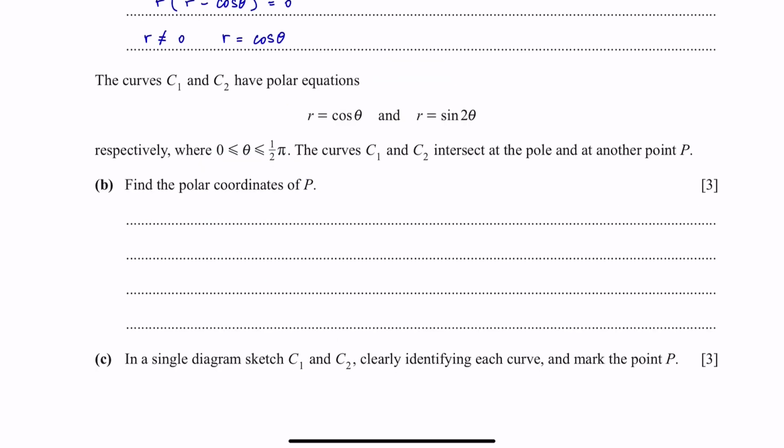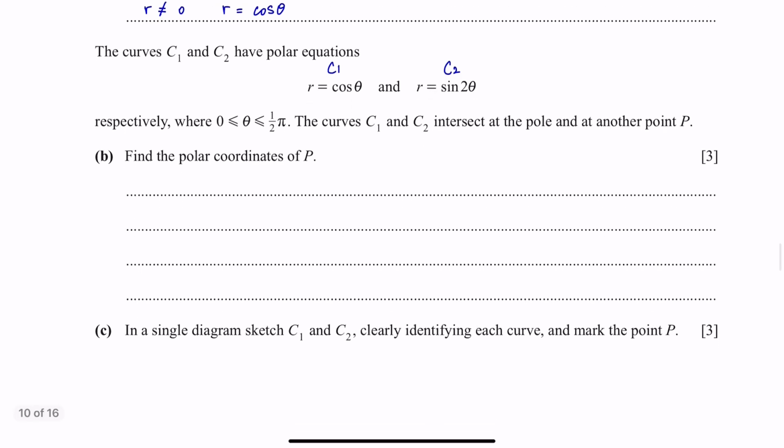So we have two curves here, C1 and C2. They intersect at the pole and at another point P. And now we have to find P. So you just equate these two equations together, and you can change sin 2 theta to 2 sin theta cos theta, and factorize the cos theta out.